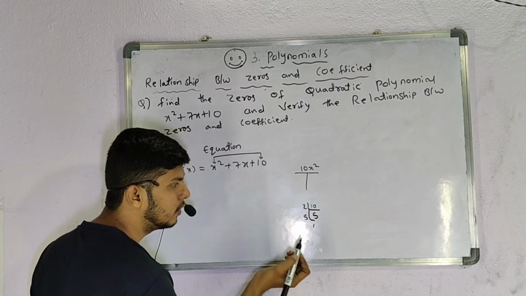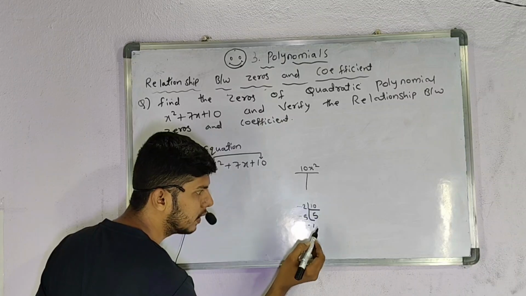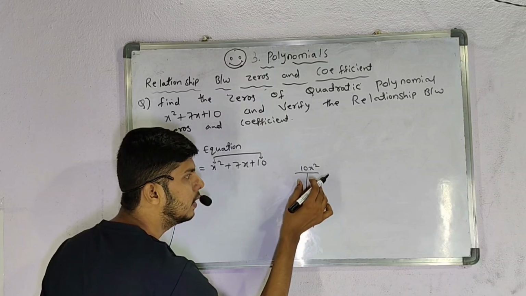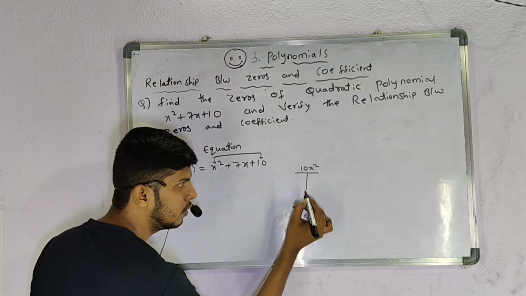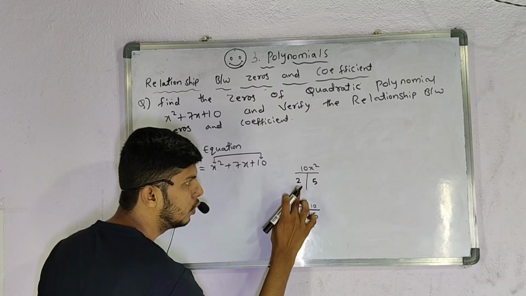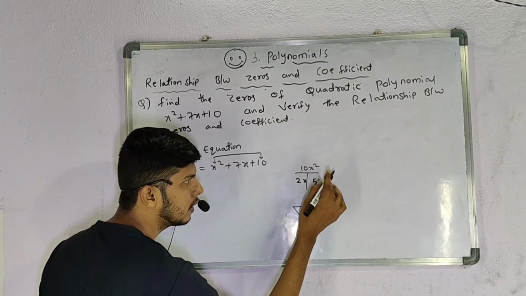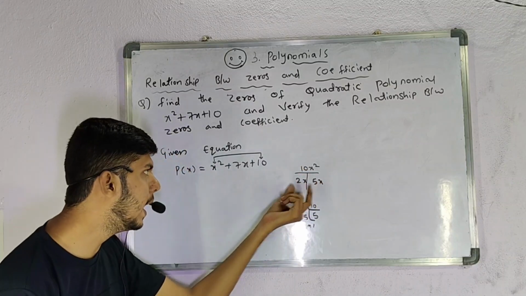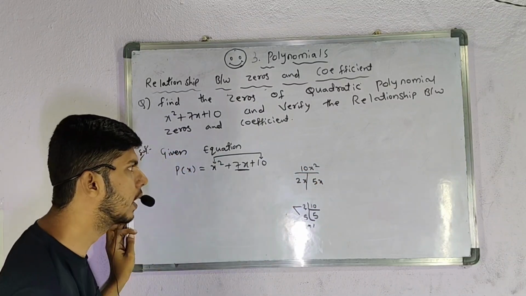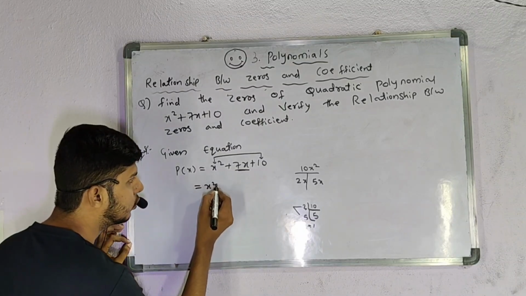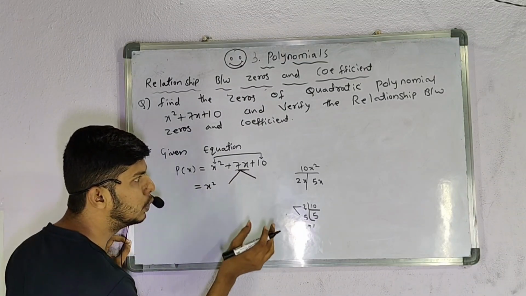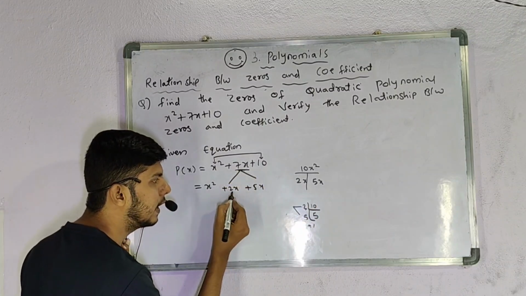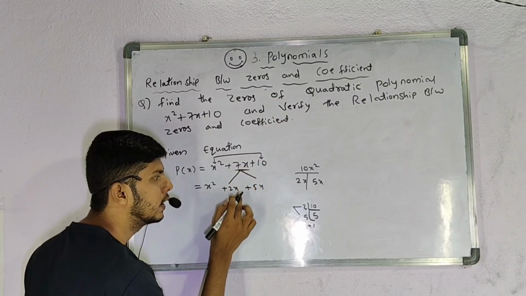We have to leave the middle term and use these two numbers so that when you multiply, we get this product, and when you add, we get the middle term. So we split 7x into plus 2x plus 5x.